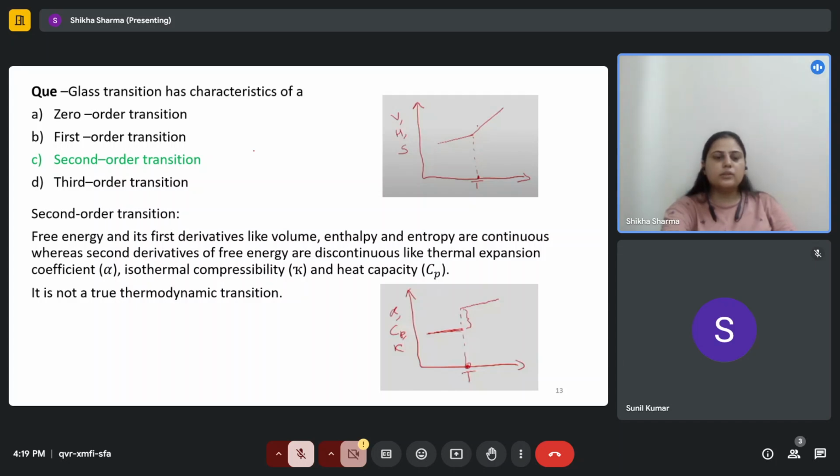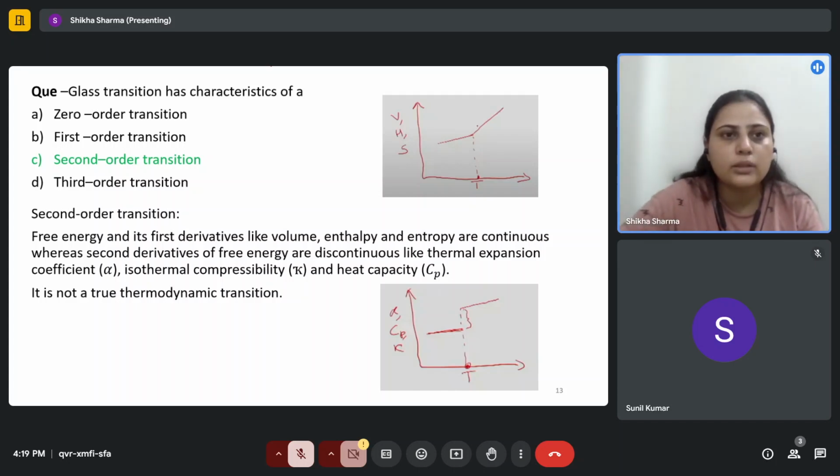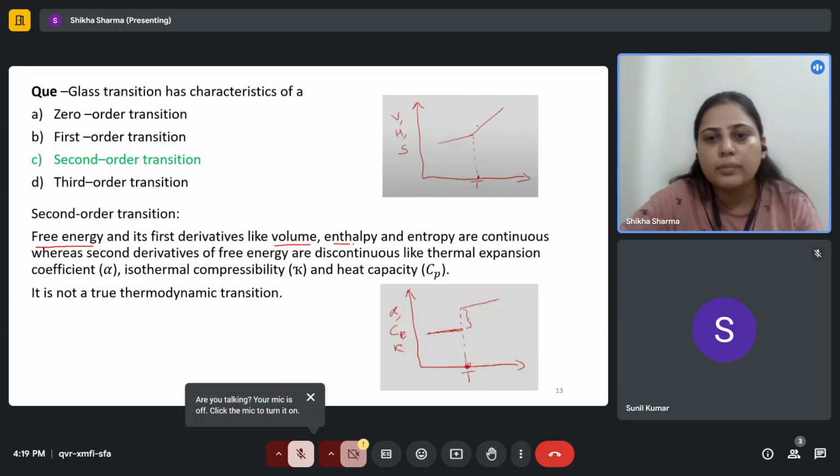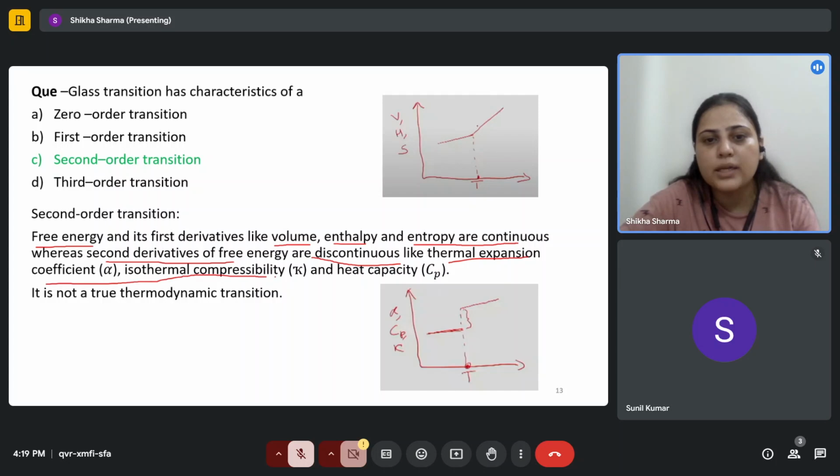Why? Let's see the reason. The glass transition is a second order transition because the free energy and its first derivatives, which are volume, enthalpy, and entropy, are continuous in this case, right? Whereas the second derivatives of the free energy are discontinuous: the thermal expansion coefficient alpha, isothermal compressibility, and the heat capacity.